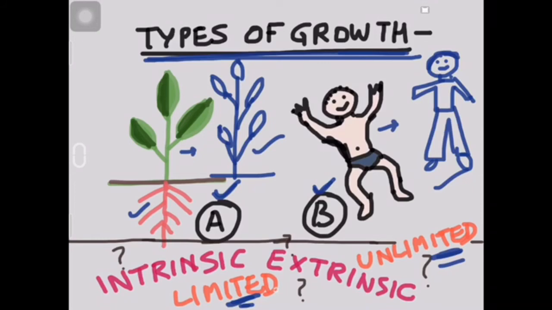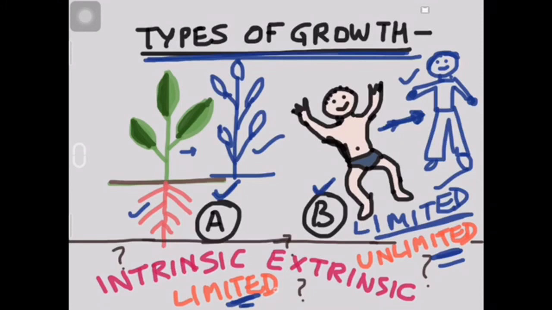Yes, you are right. This child will be showing limited growth. That means animals show limited growth, because once they grow into an adult, the growth stops. After some time, the growth stops. Organs do not keep growing up to death.